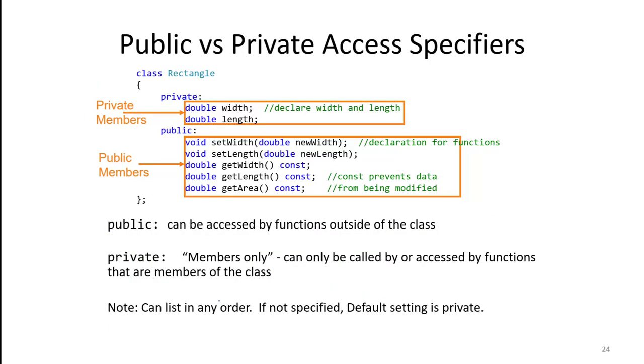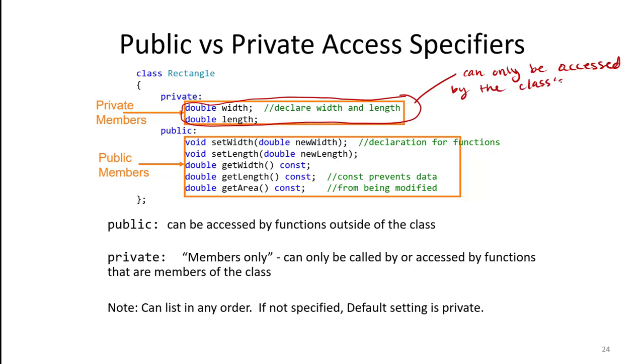So let's take a closer look at public and private. Any items that we list as private can only be accessed by the class's member functions.